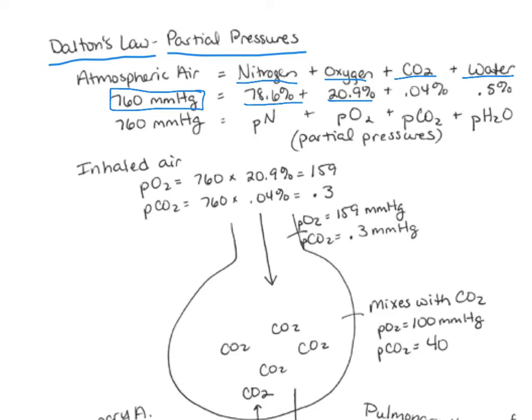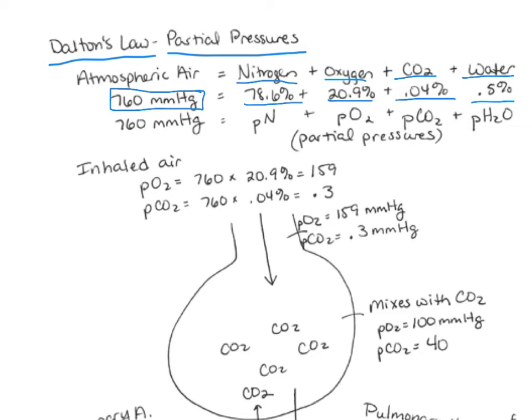About 21% of it is oxygen. 0.04% is carbon dioxide, and 0.5% is water. So we don't have a lot of carbon dioxide in the air. And if we wanted to look at each individual gas, then we would be talking about the pressure of that individual gas, which we say is the partial pressure of that gas, right?